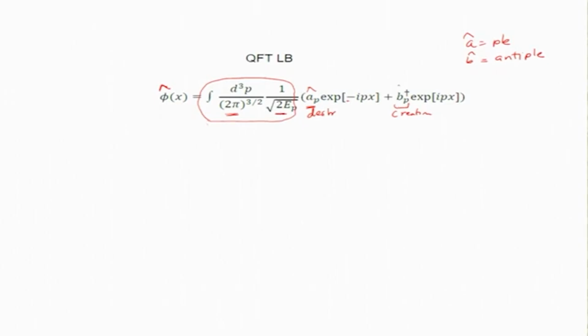So, please ignore the prefactor and focus on the signs. So, px in relativistic notation, this is 4-momentum and 4-position, is written as Et minus p dot x.